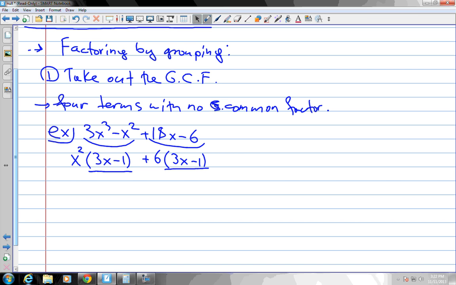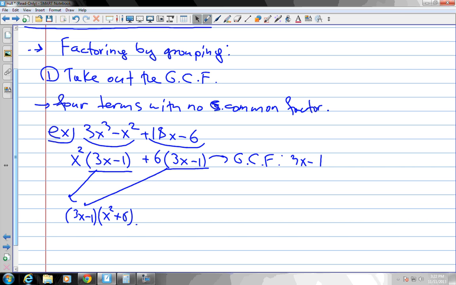Okay? So if I take out 3x minus 1, what is left? If I factor out 3x minus 1, x squared plus 6. Now that's it.